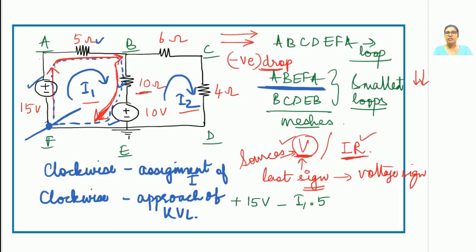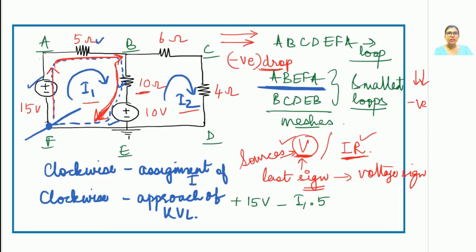You should not be concerned about the other currents that are present in other loops. So for this loop or the mesh I1, from B to E, current I1 is flowing from B to E. So the direction of current is from top to bottom, as well as our analysis is going from B to E or top to bottom. Since both are in the same direction, it is a negative drop.